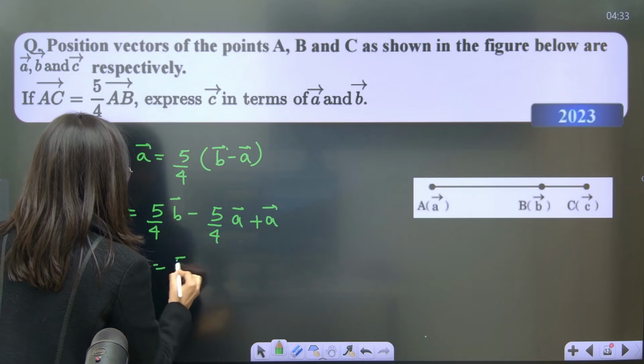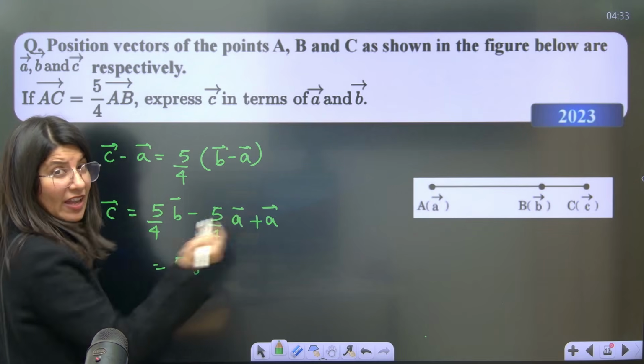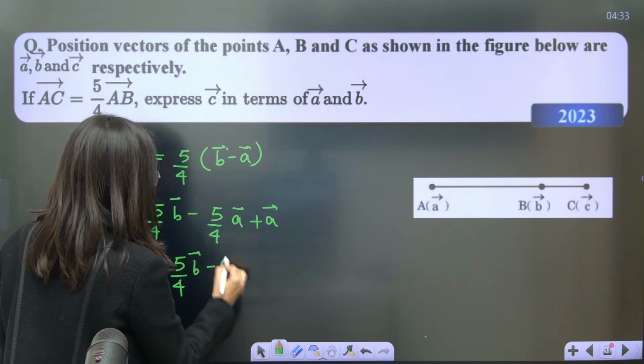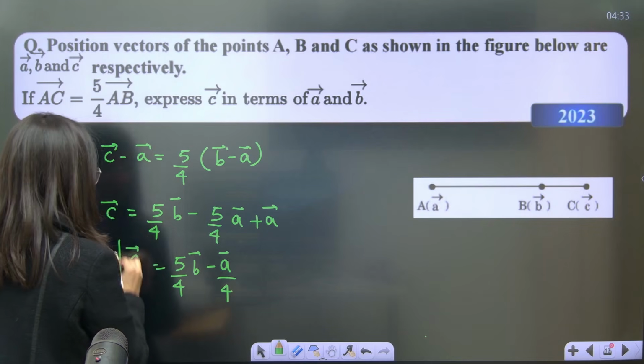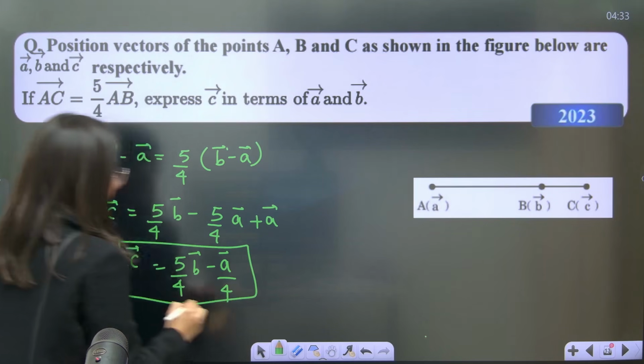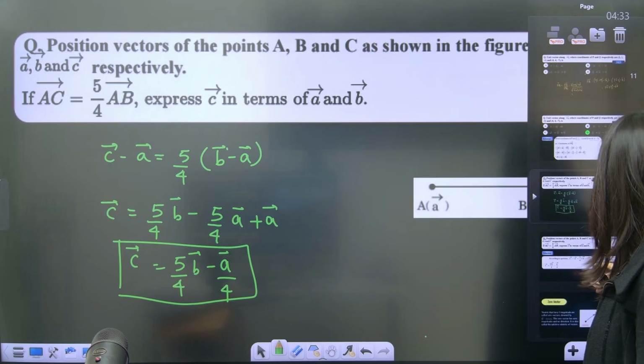That is 5 by 4 B vector, and minus 5 plus 4 is minus A by 4. So your C vector is going to be (5B minus A) upon 4.